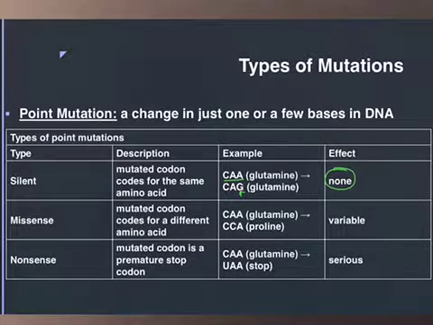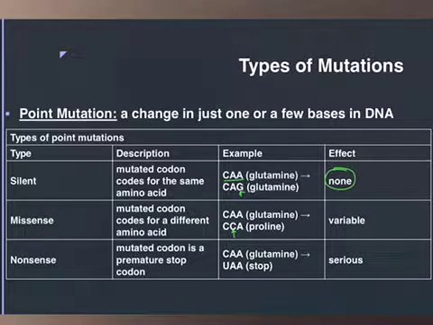The second type of point mutation is a missense mutation, and this is when the mutated codon codes for a different amino acid. So you can see this time we've changed that middle base, and so now instead of glutamine, we've produced proline. And so this could be good, this could be bad, or this could have no effect at all.